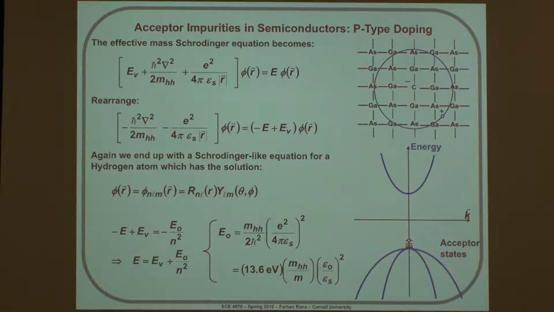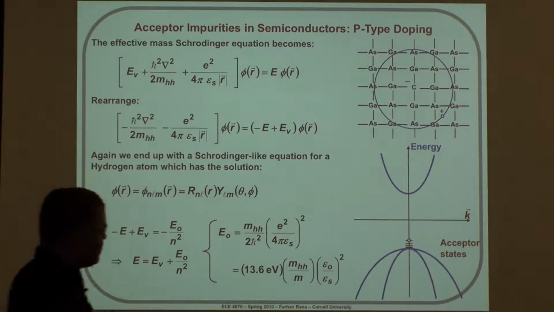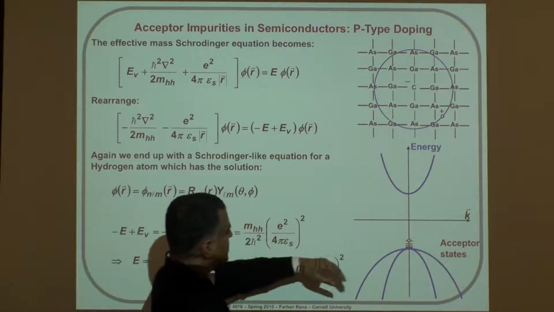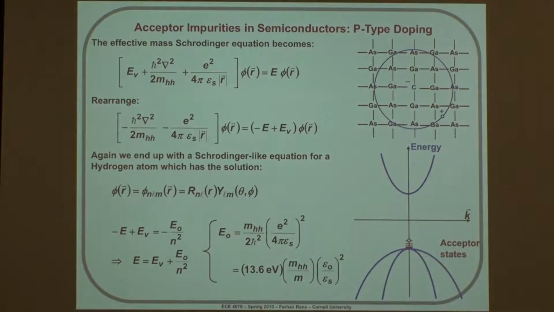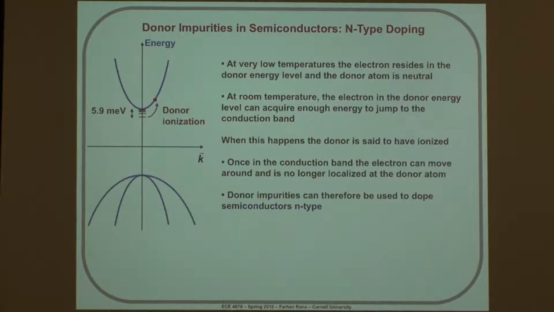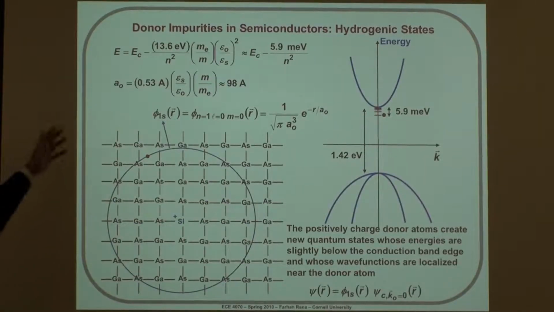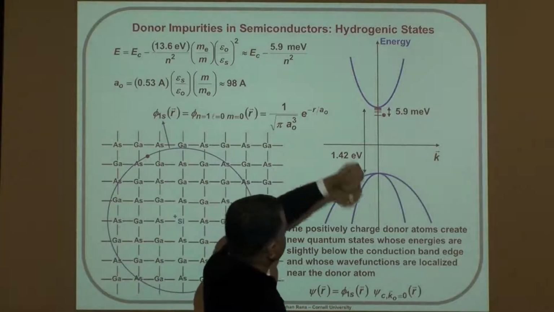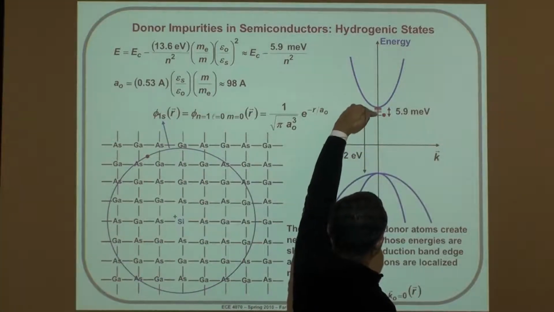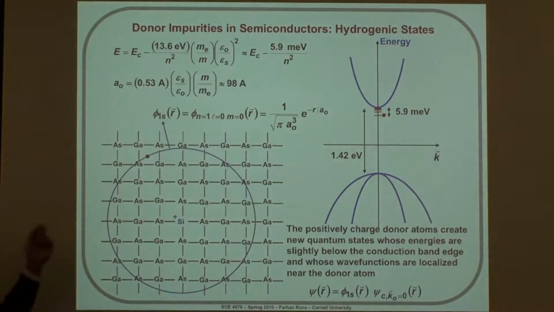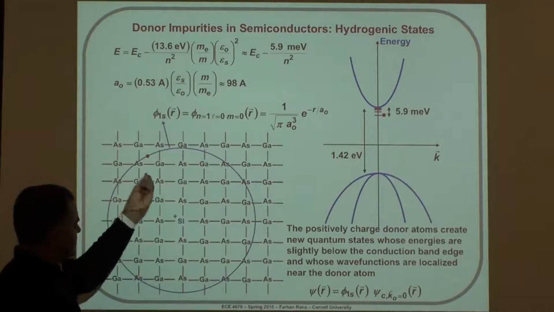And then you can solve it and find out the activation energy of the dopant, be it an acceptor or a donor. And these were kind of the results we ended up with, that if I put a dopant atom, then these are the possible energies allowed for that extra electron that came with the donor atom.